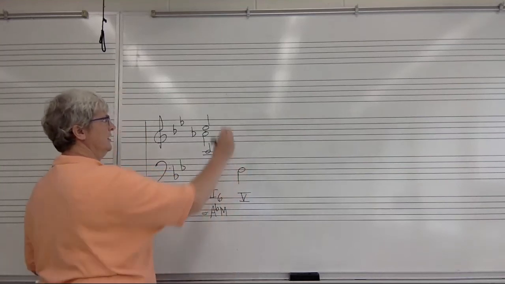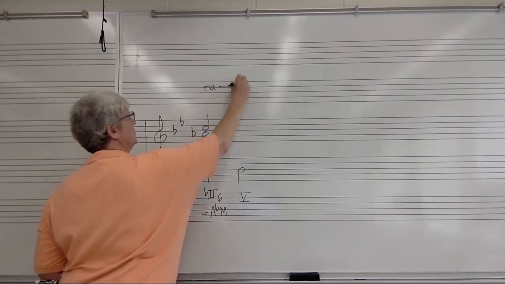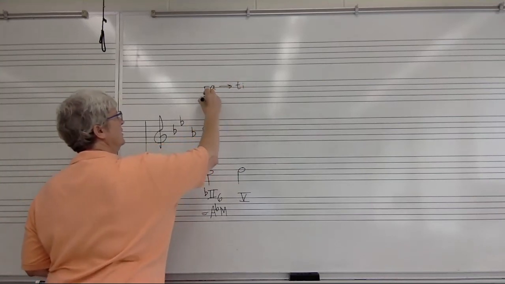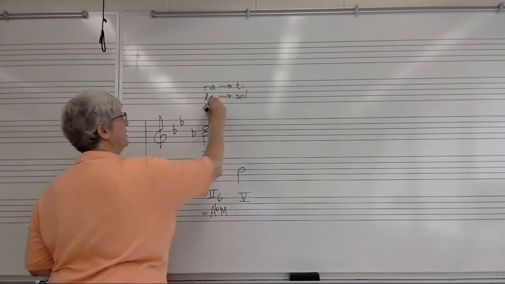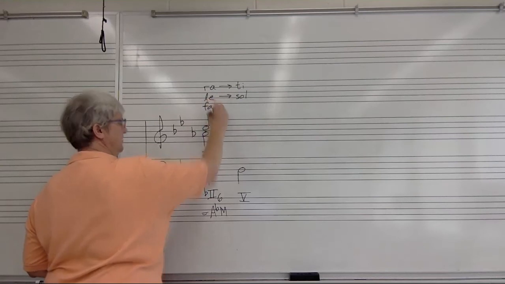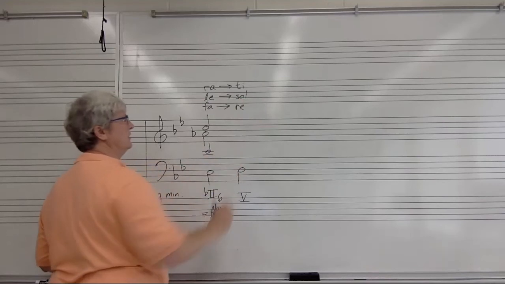Let's just do the same scale degrees that we did before. Ra is going to go to Ti. Le is going to go to Sol. And Fa, since we're going to a 5 triad, is going to go down to Re.